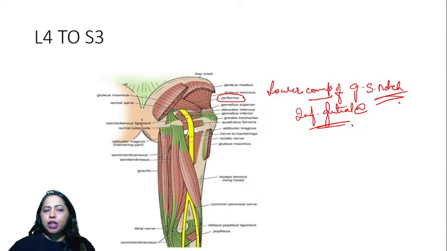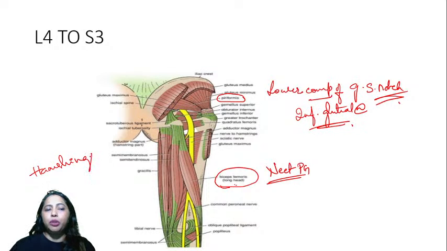You can see that it crosses all these, and it also crosses under the long head of biceps femoris. This is a very important question in NEET PG. What are the hamstrings? Name the hamstrings. If you know the names of the hamstrings, you will be able to relate. So you have biceps femoris.